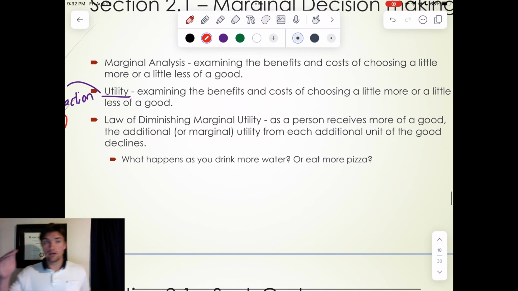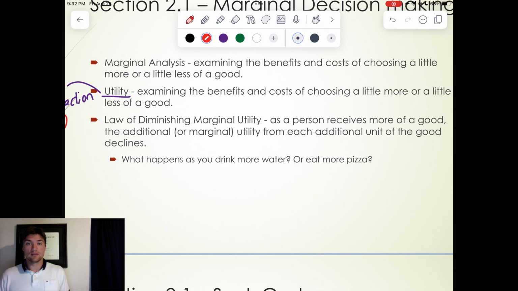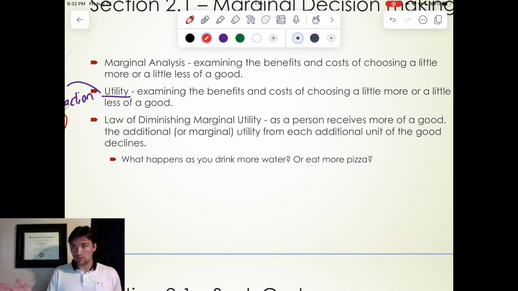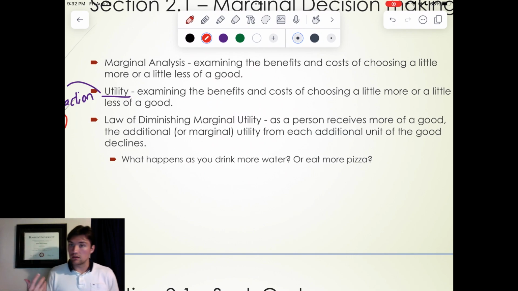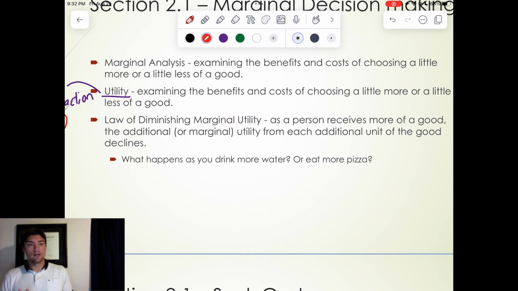Now, everything we consume, everything we do, we do because we are gaining some utility from it. But if you really, really like ice cream, like it's your favorite thing, do you only eat ice cream? Probably not. Now, why not?